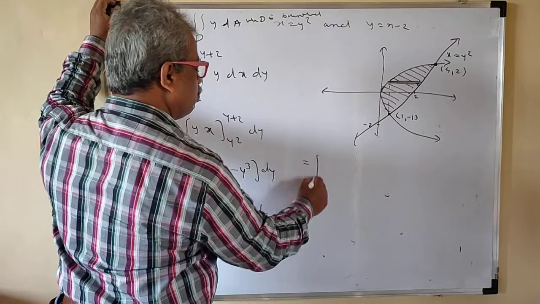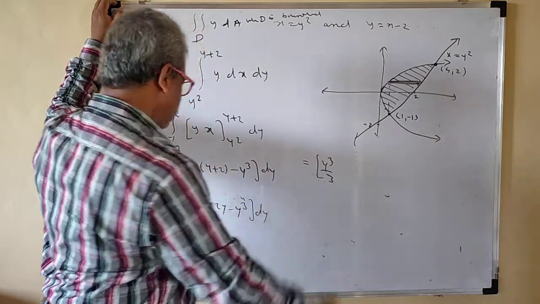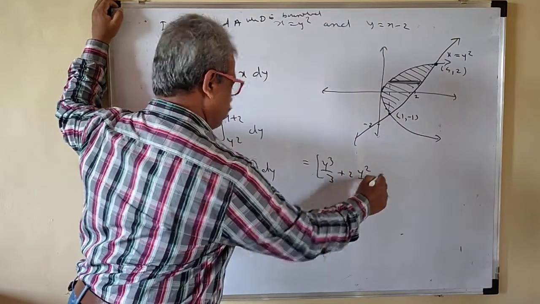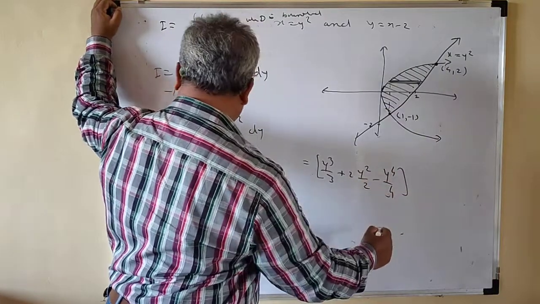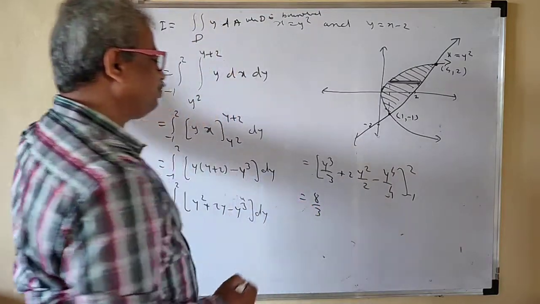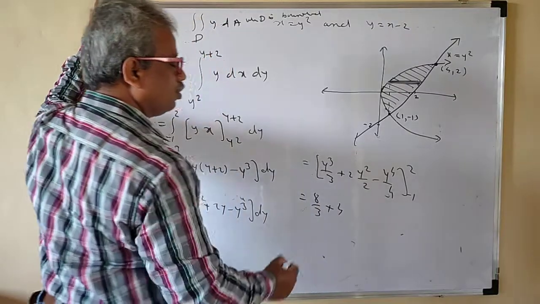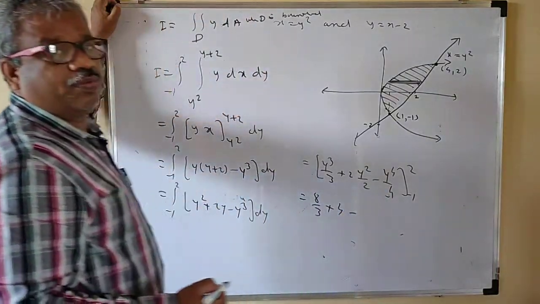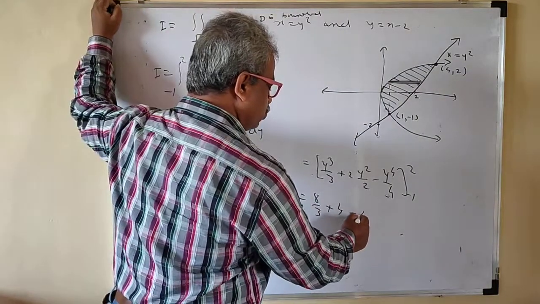Okay, so this is equal to the integral of y squared, so y cubed by 3, plus twice y, which is 2y squared by 2, minus y raised to 4 upon 4. The limits are -1 to 2. So we put the upper limit: 8 by 3, plus 4 minus 2 raised to 4, which is 16, 16 by 4 is 4.